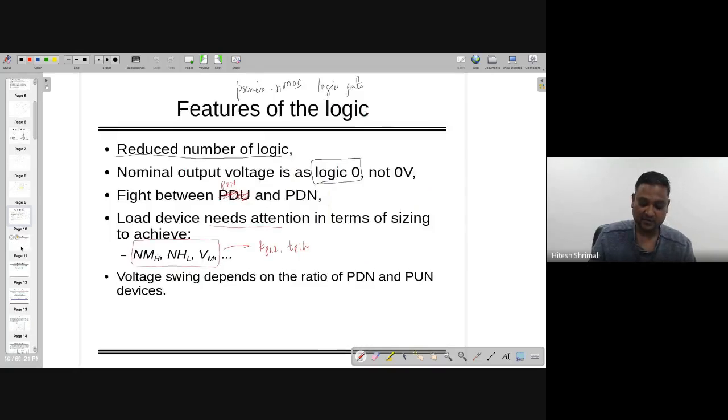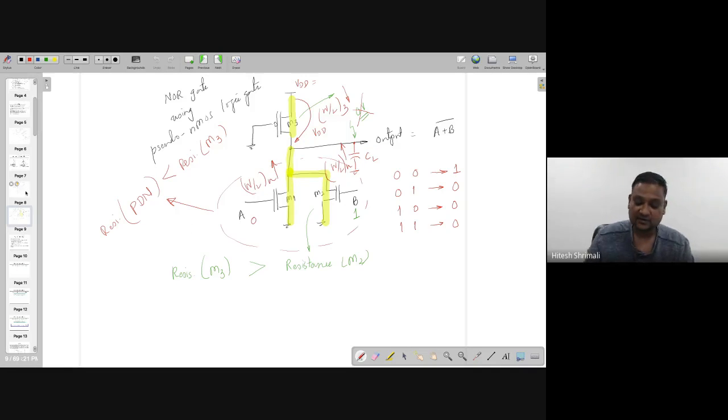Okay. Now, the voltage swing also depends on the ratio of the power down network and the power up network. So even though we are saying that just some number is required over here, you need to make sure how much logic 0 and logic 1 you want. Logic 1 will always be VDD in this case.